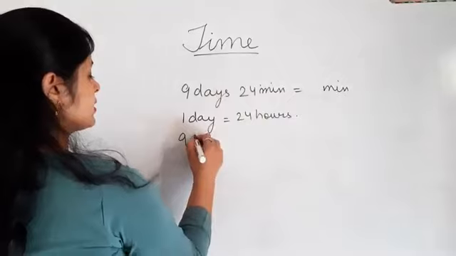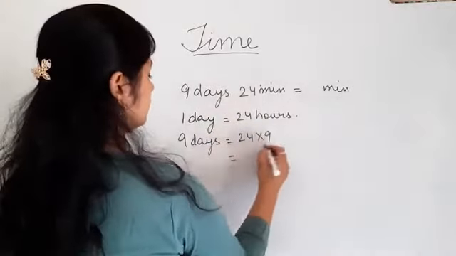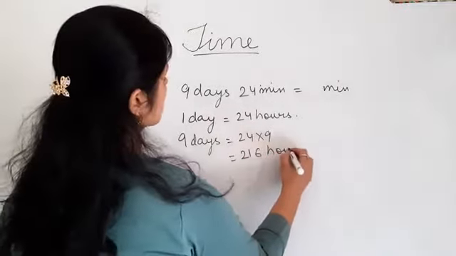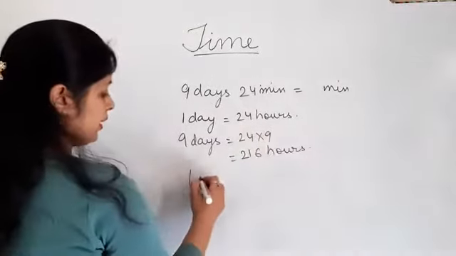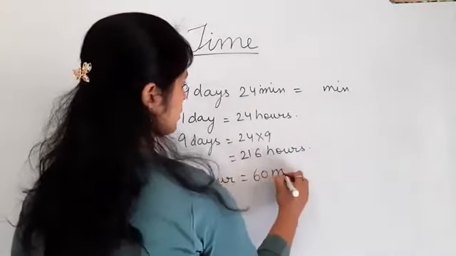So 9 days is equal to 24 into 9, 216 hours. Now 1 hour is equal to 60 minutes.